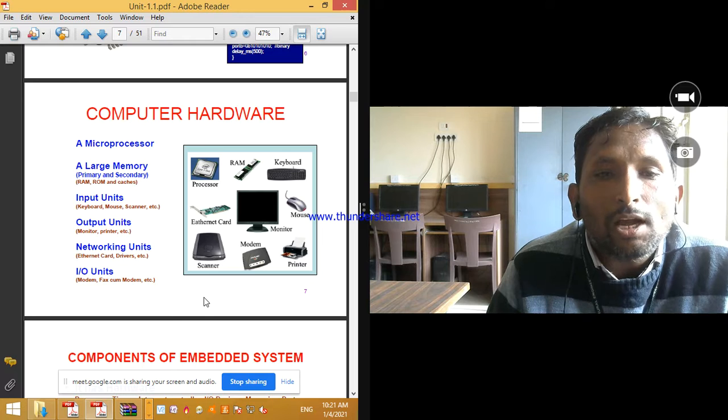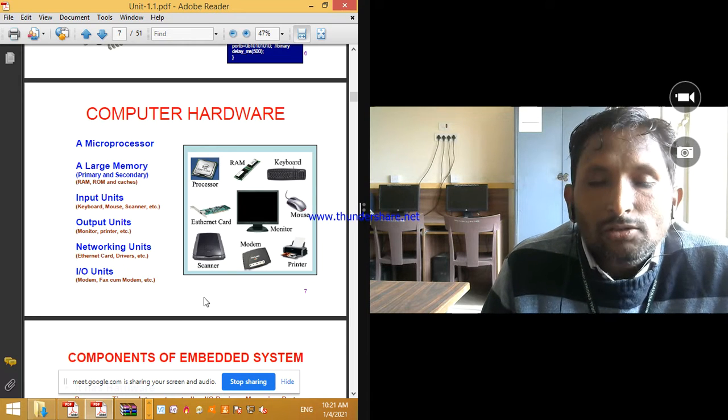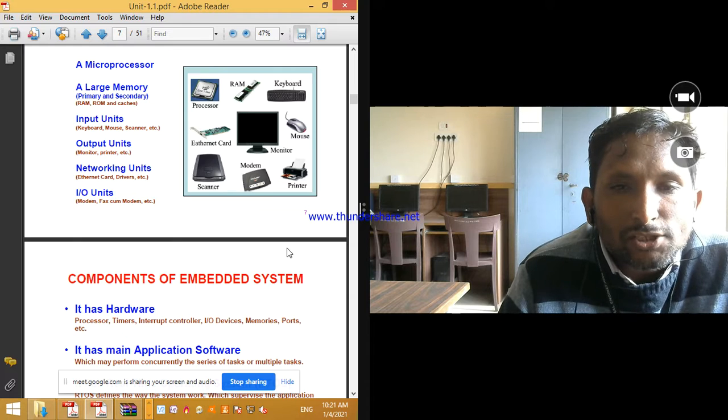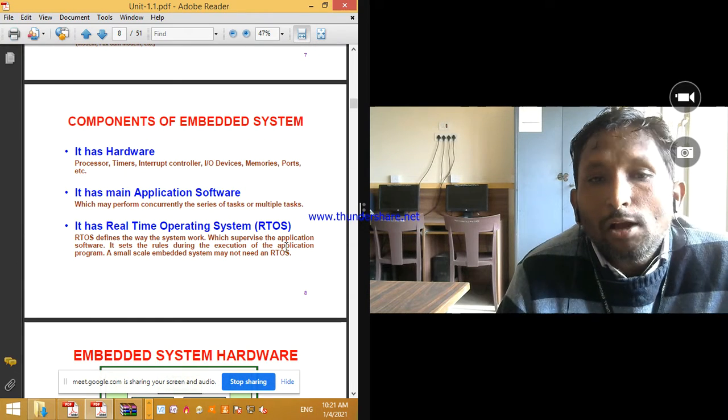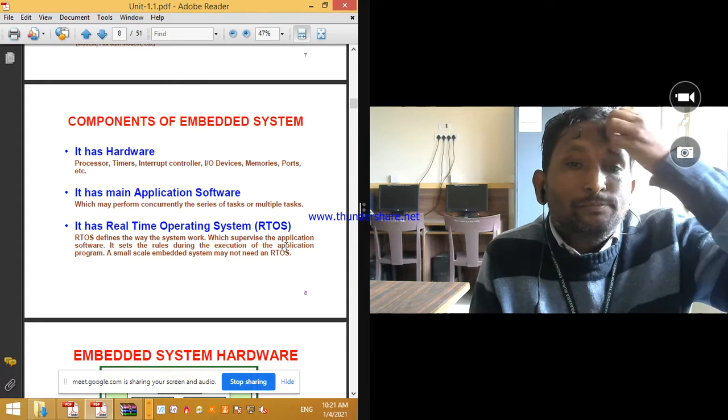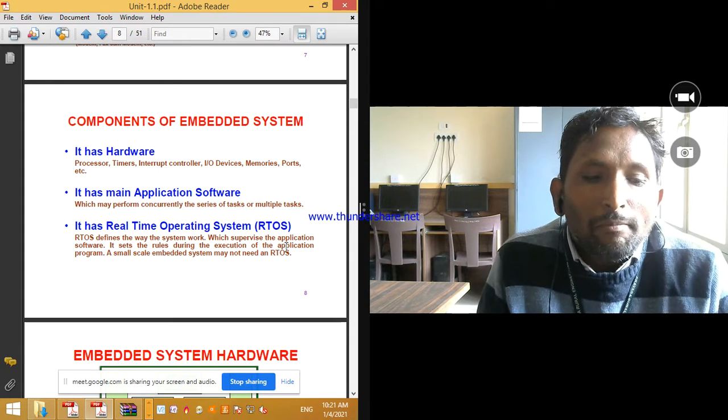After that we have seen the computer hardware. This computer hardware is required for any embedded system. Next part, components of embedded system.